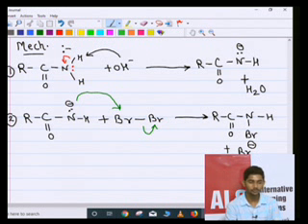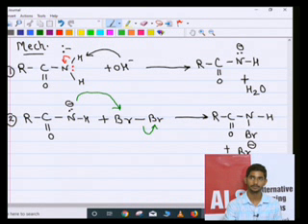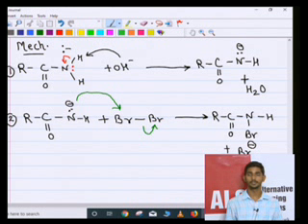Is there anyone who has got any doubt regarding the first 2 steps? Guys, anybody has got any doubt regarding the first 2 steps? Tell me. Any doubt regarding first 2 steps? You can note down these 2 steps. Then we will use the third one.